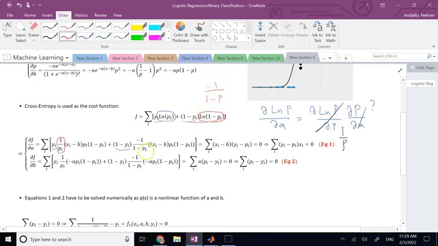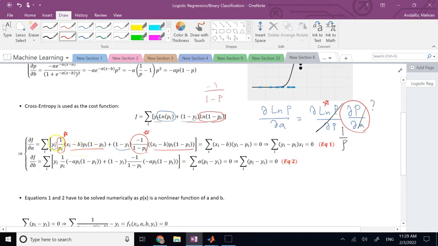So this term that you see is, again, this guy here, right? And now, where does the rest of it come from? This one and this one. Those are the partials of p with respect to a and b.